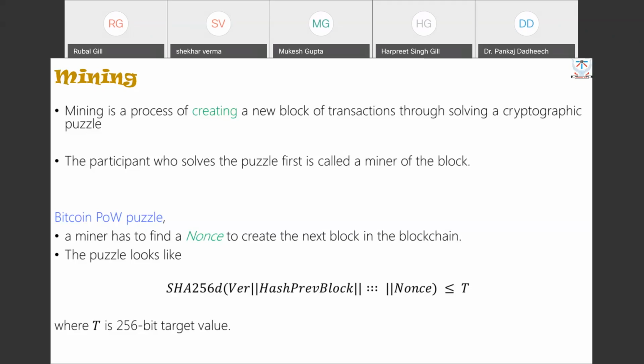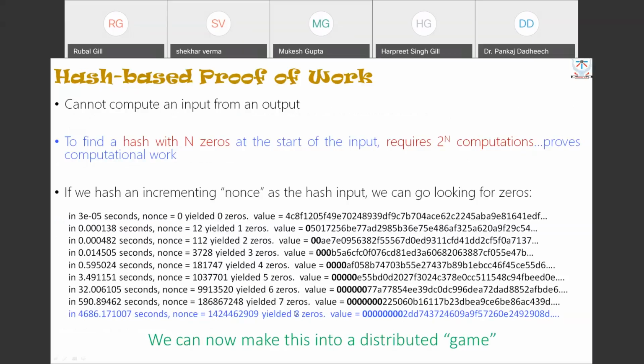So what does the puzzle look like? To find a hash with 8 leading zeros.